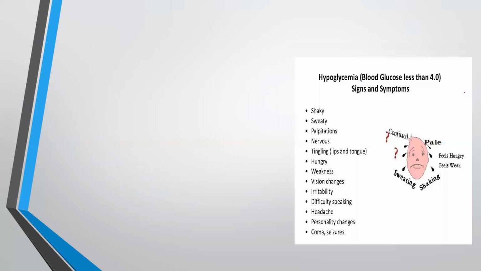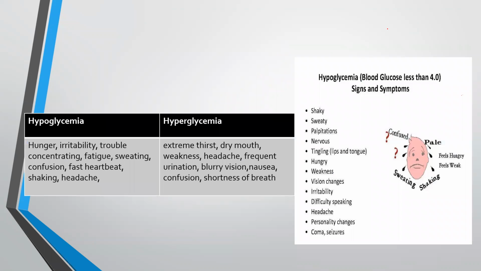Here, there are some important signs and symptoms when a patient is suffering from hypoglycemia. There are two conditions: first hypoglycemia, second hyperglycemia. In hypoglycemia we see hunger, irritability, trouble concentrating, altered level of consciousness, fatigue, sweating, confusion, fast heartbeat, shaking hands, and headache.